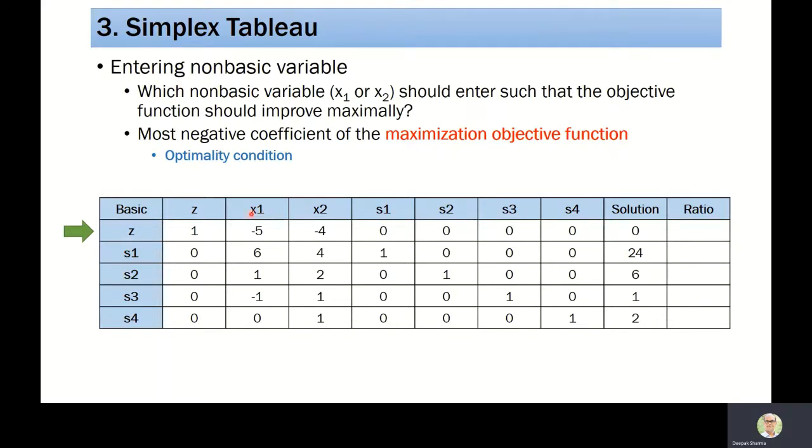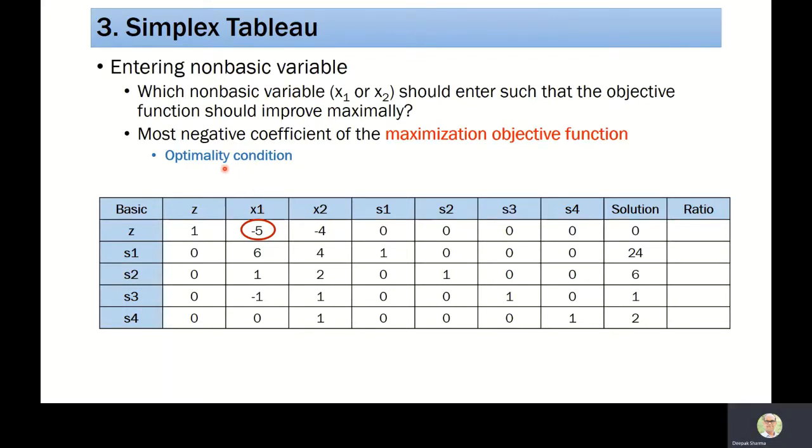Most negative condition means that if I look at the Z row and only at the coefficients of the non-basic variables, x1 and x2, I know that -5 is the most negative. So x1 should become the entering non-basic variable.